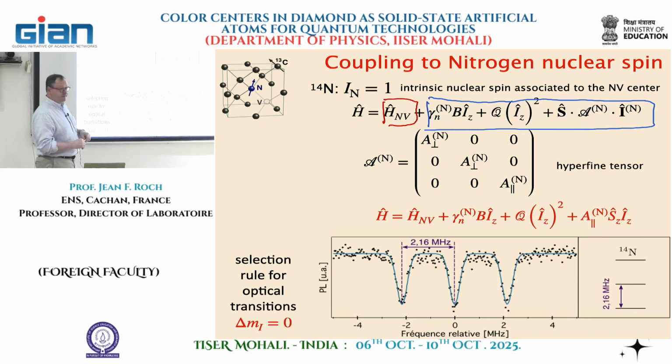And then we have something which is important. It's what we call the hyperfine tensor, and the hyperfine tensor has different components. Basically, it consists of two things. The first point is like in atomic physics: you know that the electron can go very, very close to the nuclei.